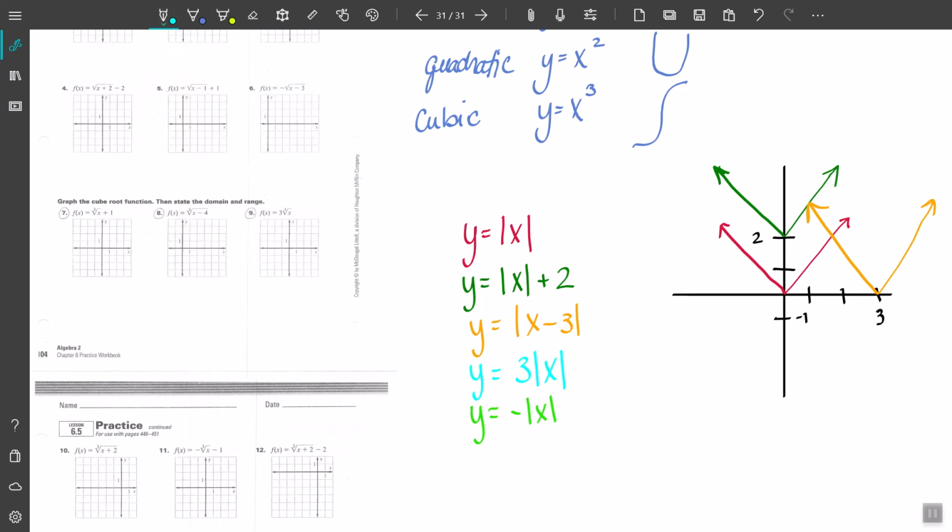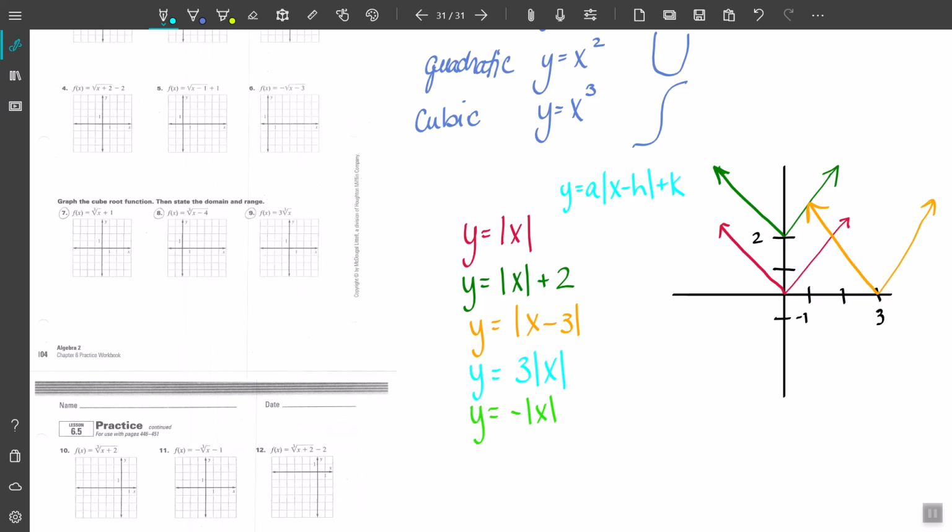For the light blue, we have y equals 3 times the absolute value of x. So now we have an a value that is greater than 1. All right, so the a value was the one in that formula. Okay, so here's our formula. The a value is the one that sits out here and determines how steep the slope of the line is.